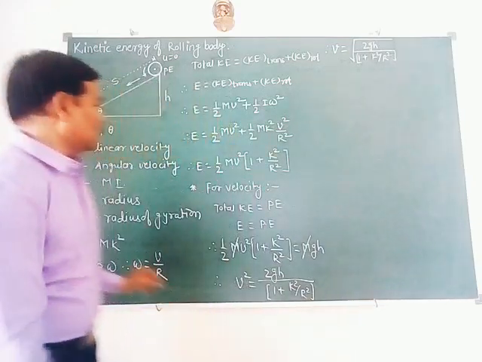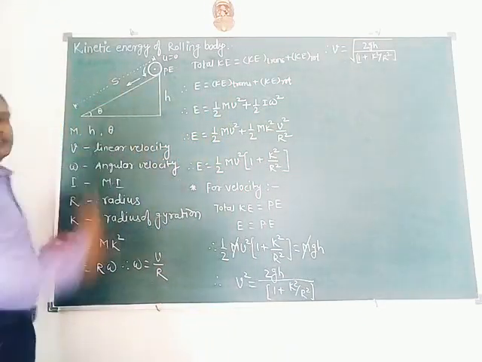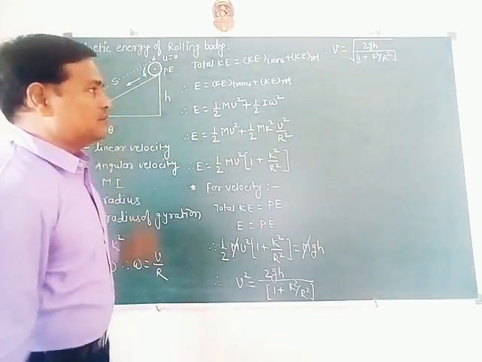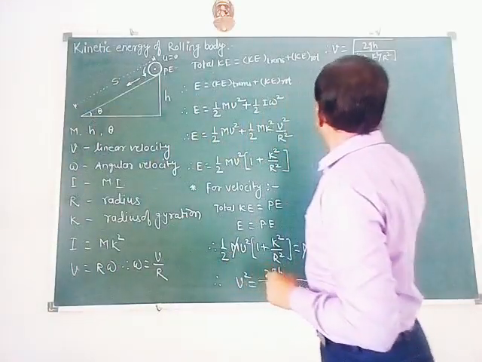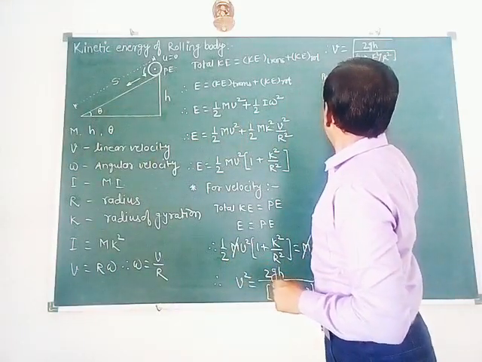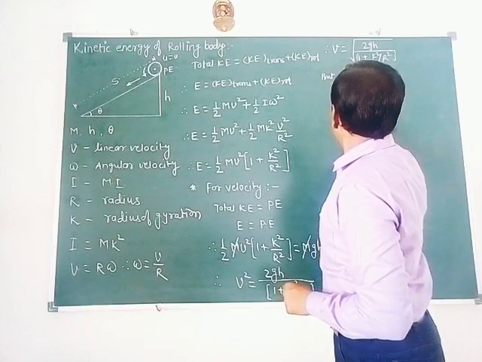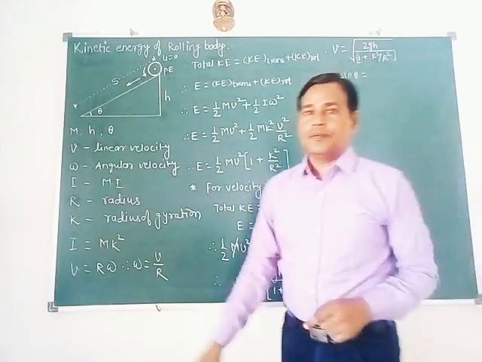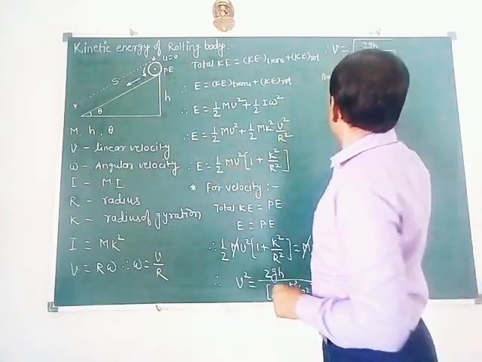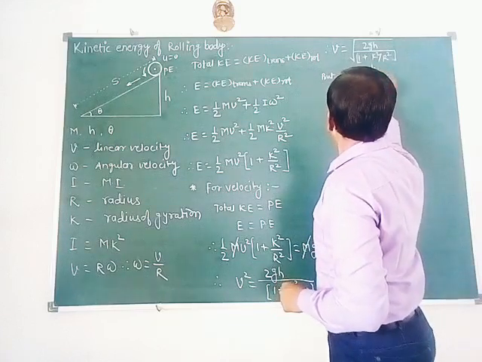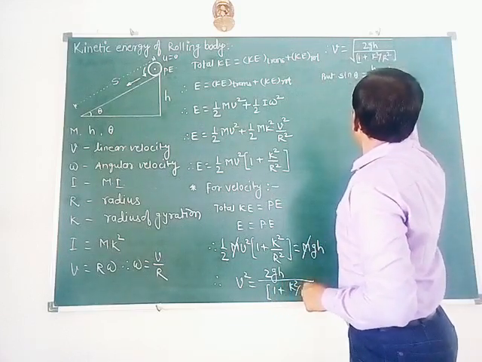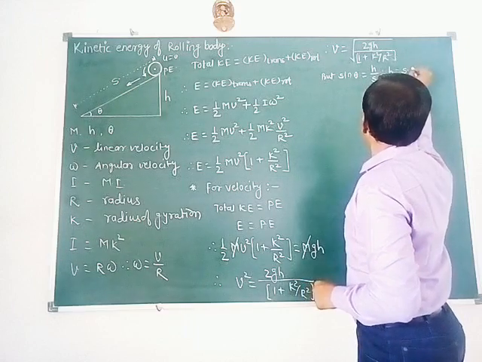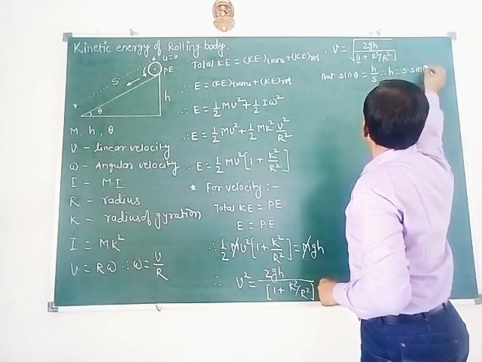Again in this case we have to consider here in the figure that sine of theta equal to H by S. Therefore instead of H we can write S into sine of theta.